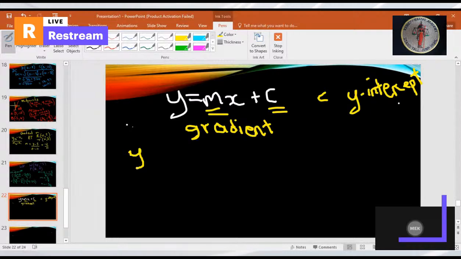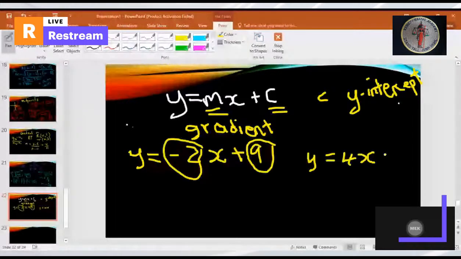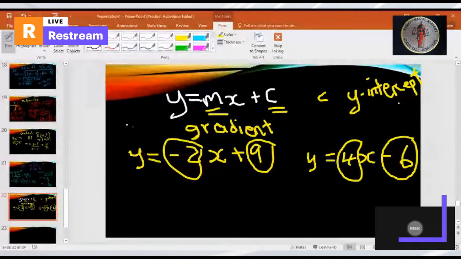If we have a line y equals 4x minus 6, the gradient is 4, and the line will cross the y-axis at negative 6. So these are things that we can tell about the line just by looking at the equation of the line.